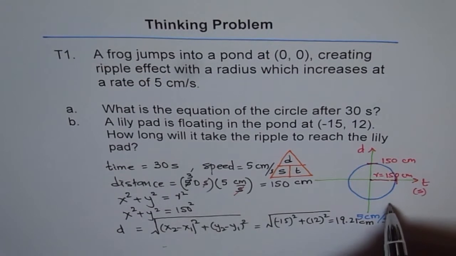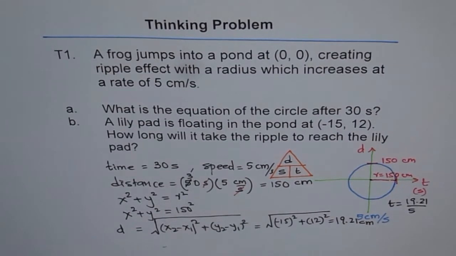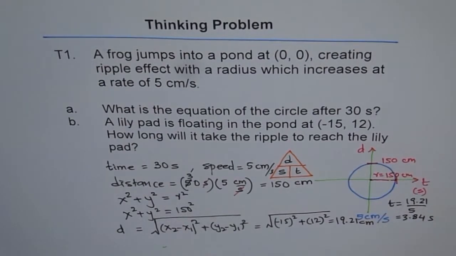So the time should be 19.21 divided by 5. And if we do that, we get our answer, which is 3.84 seconds. You can round this to 3.8 or approximately 4 seconds, right? So in 4 seconds, the ripple will reach the lily pad.